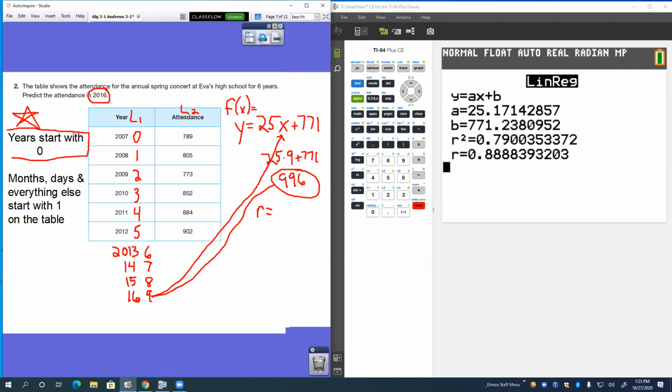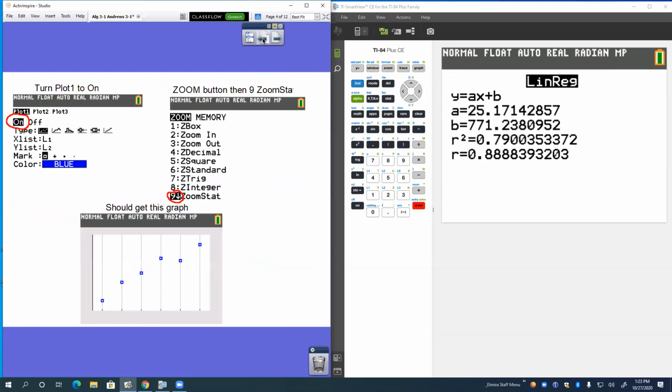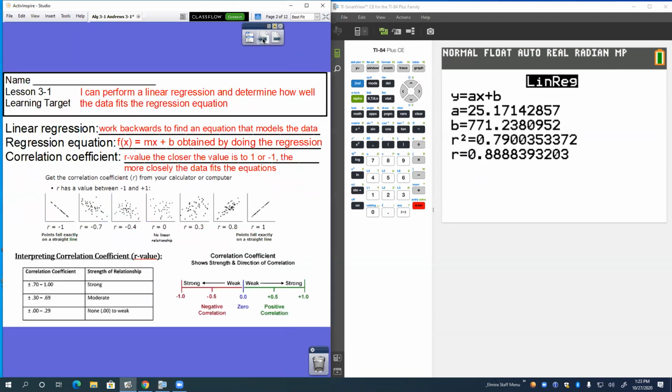Now, when we look at r equals to find out the r value or correlation coefficient, we need to think of these numbers that we talked about yesterday. Looking at 0.88. Sometimes they're going to ask you to round your r value to the nearest hundredth. Remember, the nearest hundredth makes it look like money, so there's 2 decimal places. So this would really round to 0.89.